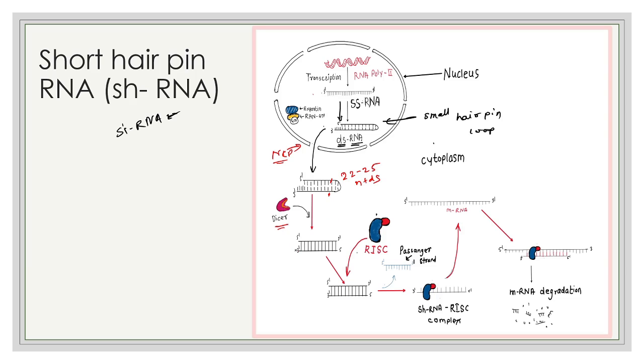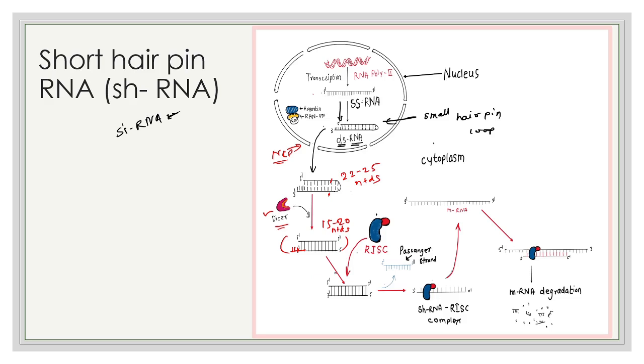At the 3' hydroxyl termini, 2 to 3 nucleotides are overhanging. The processed double-stranded RNA is now 15 to 20 nucleotides because Dicer cleaves it and a small portion of that RNA is cleaved out. That's why firstly it was 20 to 25 nucleotides, and now 15 to 20 nucleotides.